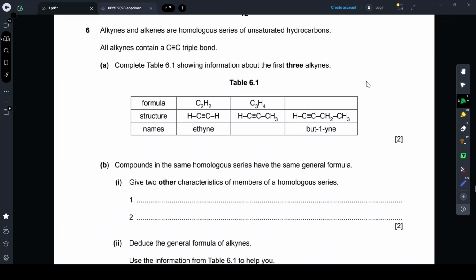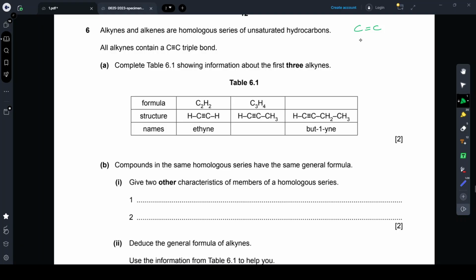Alkynes and alkenes are homologous series of unsaturated hydrocarbons. Now, obviously they can give you something in the exam that you are unfamiliar with. But on a side note, alkenes are the ones that have a double carbon bond.